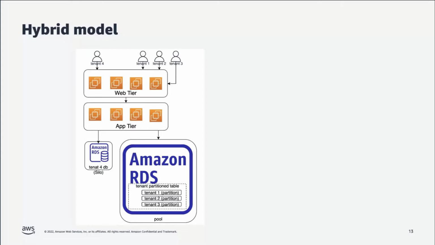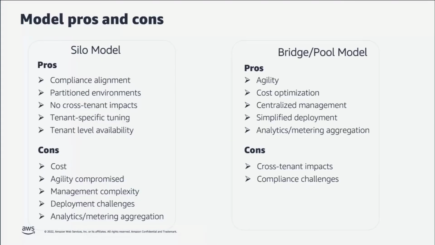Now let's look into the model pros and cons. Selecting the multi-tenancy strategy for RDS and Amazon Aurora is influenced by many different factors. Silo is appealing for SaaS solutions that have strict regulatory and security constraints, as I mentioned, for example tenant-specific key management.